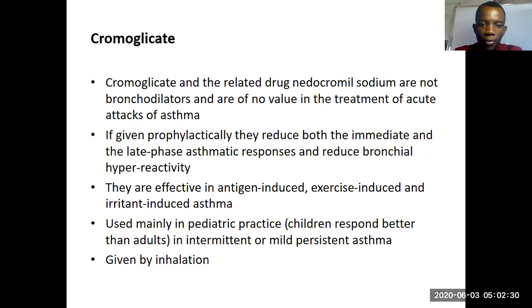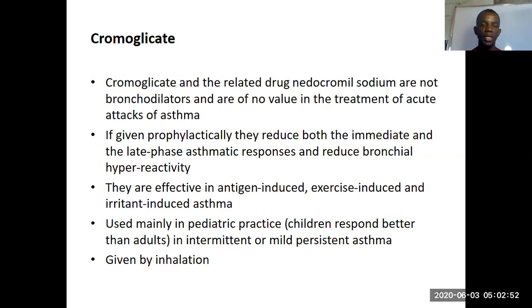If given preventatively or prophylactically, they reduce both the immediate and late phase asthmatic responses and reduce bronchial hyperreactivity. So these are used for preventative measures. They are effective in antigen-induced, exercise-induced, and irritant-induced asthma.